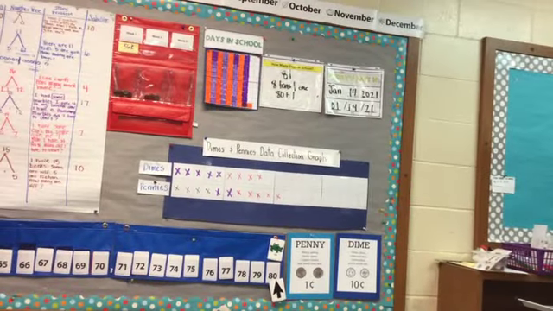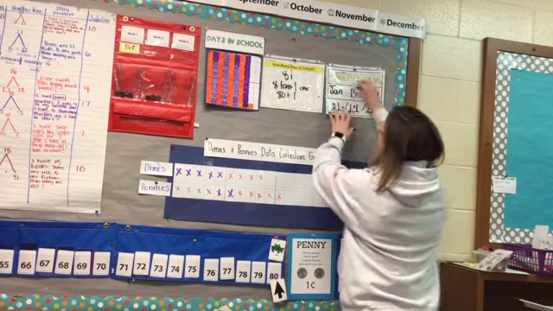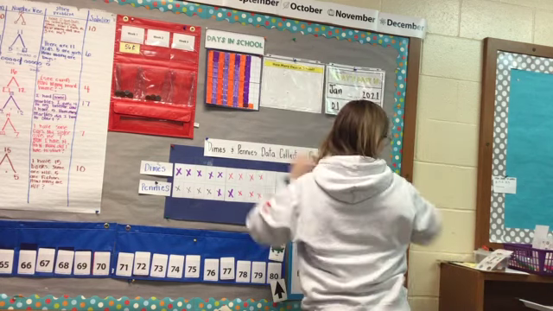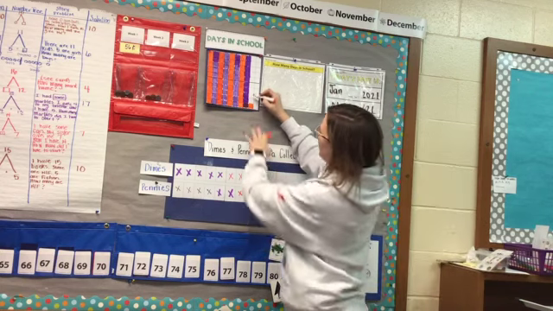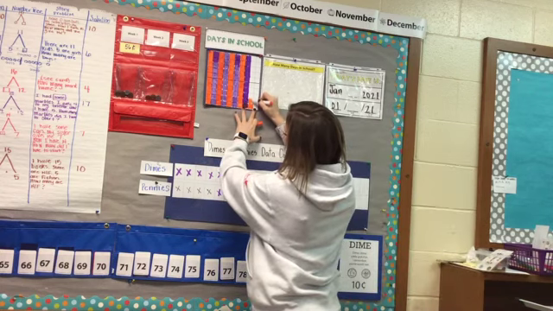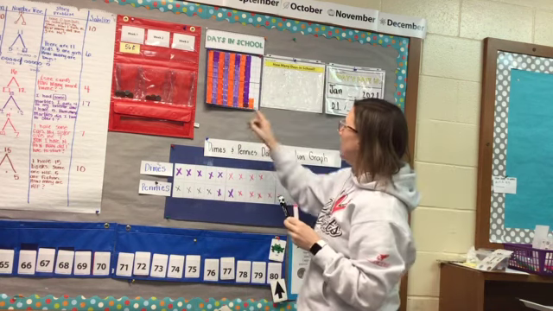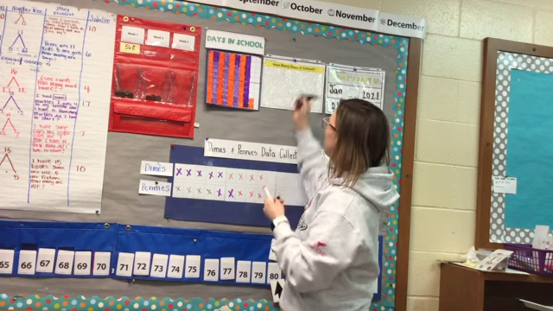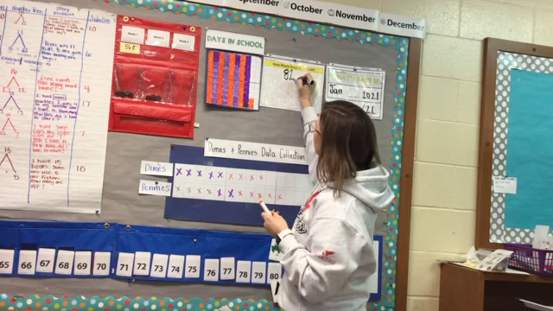All right, so let's move over here and update. We will add another day in school to our chart here. And we can see that we have 8 groups of 10. So we have 8 groups of 10 and 2 1s.